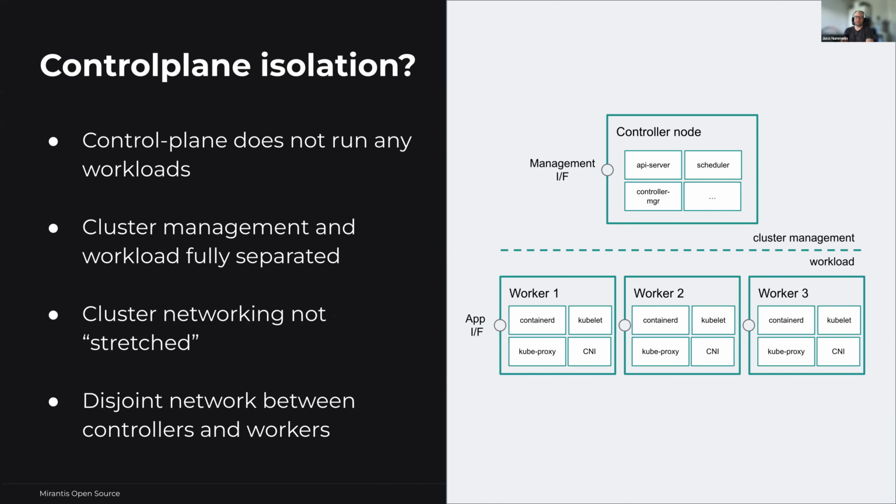They are just plain Linux processes. What it also means is that there's no CNI stretching between the control plane and the worker plane, because we're not running kubelet or anything on the controllers, so we don't have to stretch the CNI network.